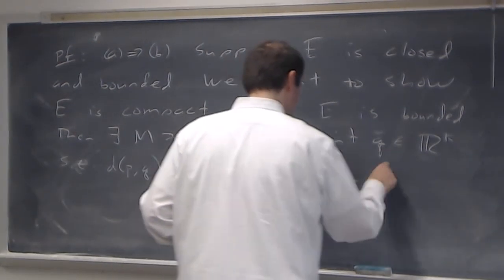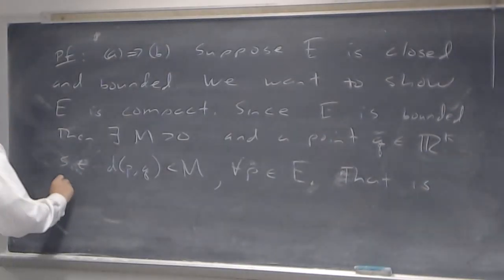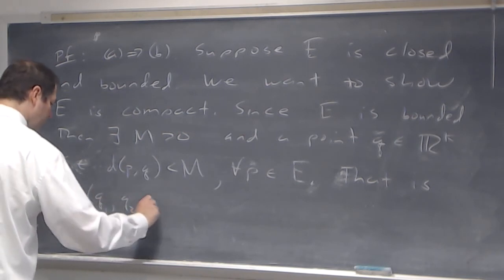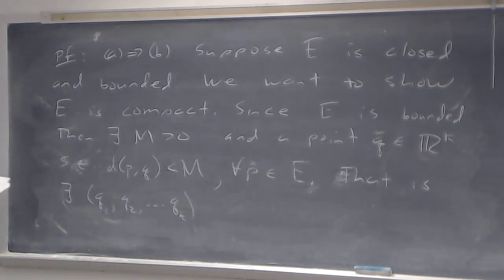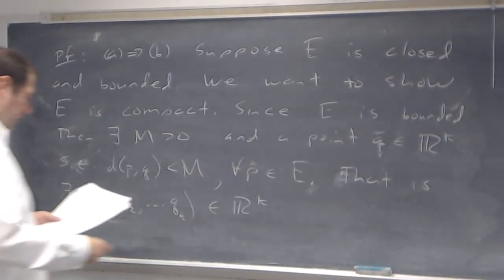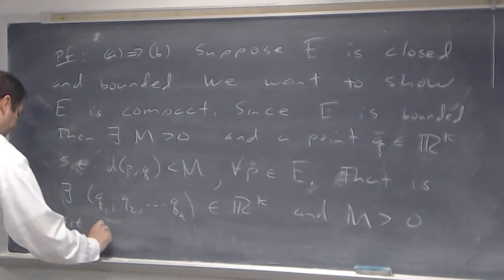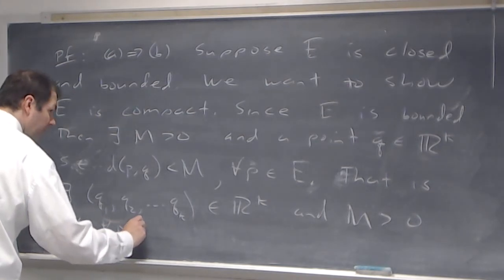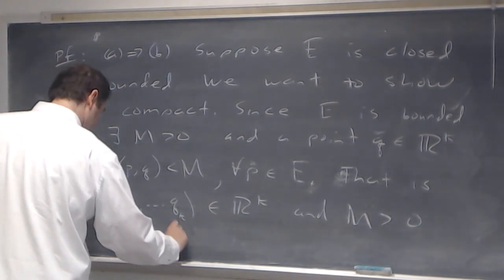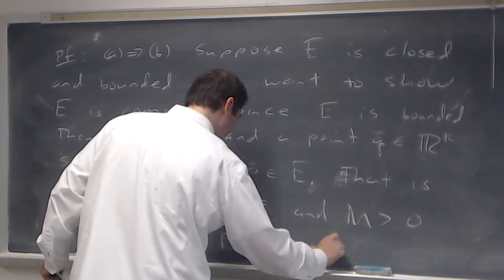That is, there exists Q, which is really a k-tuple, Q sub 1, Q sub 2, up to Q sub k, an element of R^k, and m greater than 0, such that for every P an element of E, well, let's give P a representation: P sub 1, P sub 2, up to P sub k.